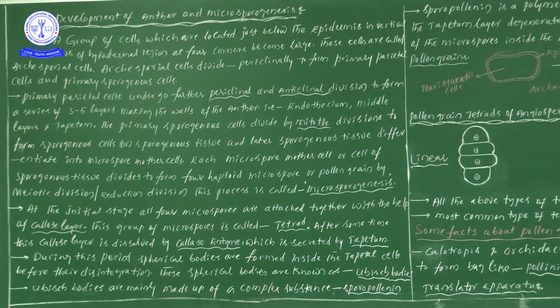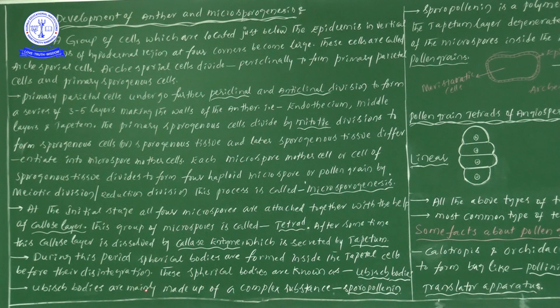In the previous video we saw that tapetum cells are there. Before degeneration of these tapetal cells, formation of Ubisch bodies or pro-Ubisch bodies takes place within them. When these pro-Ubisch bodies are covered by sporopollenin, at that time we call them Ubisch bodies. These spherical bodies present in the tapetum cells are called Ubisch bodies.